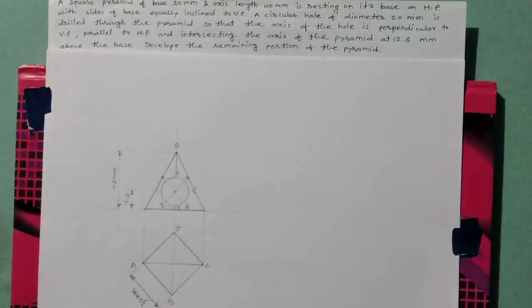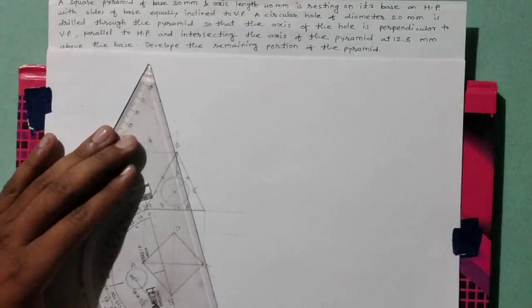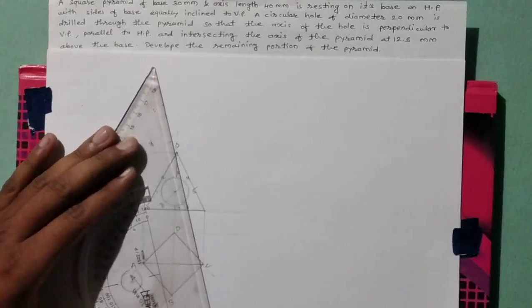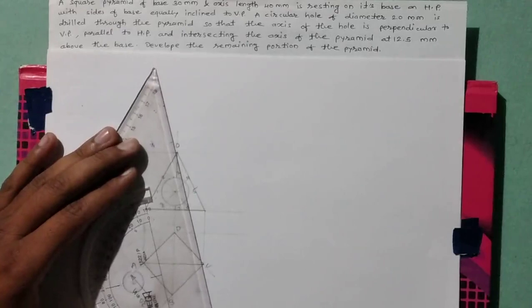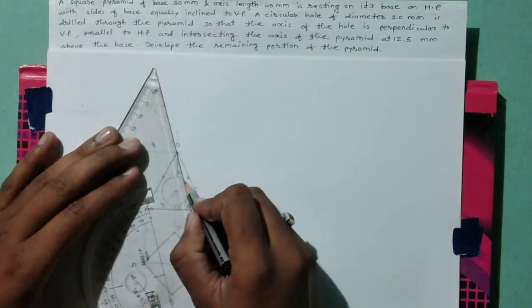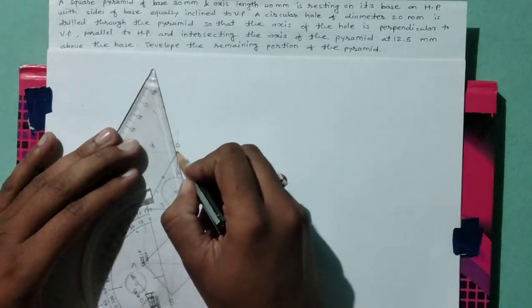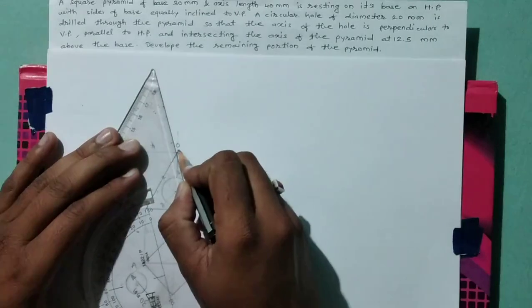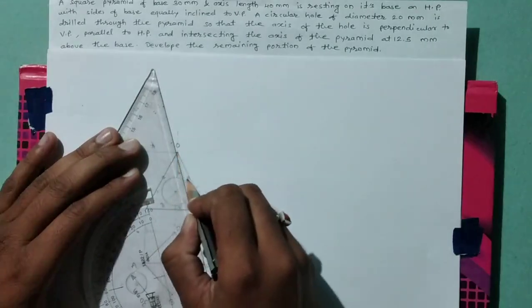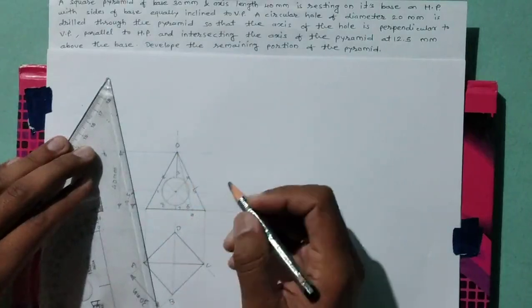After this, take all the points to the top view. We'll start with point 4. Draw the line from point O passing through this point 4; that should be the projection line. Name it point 4.